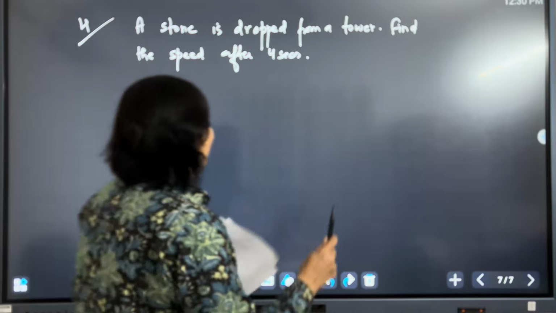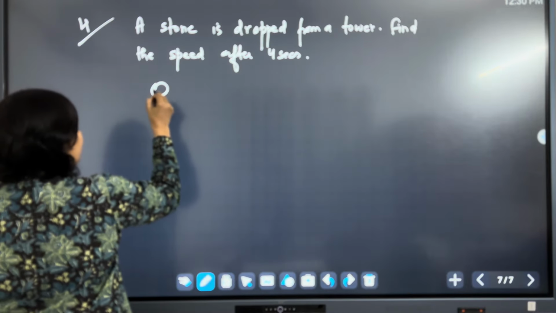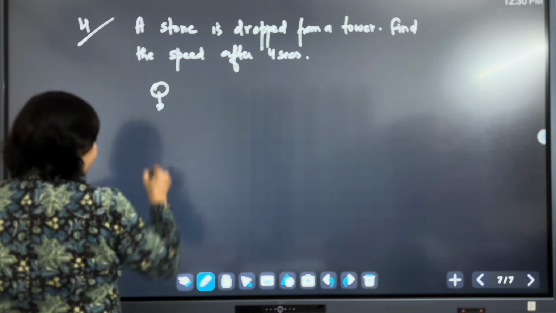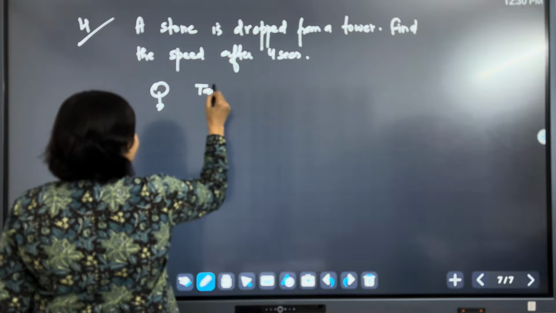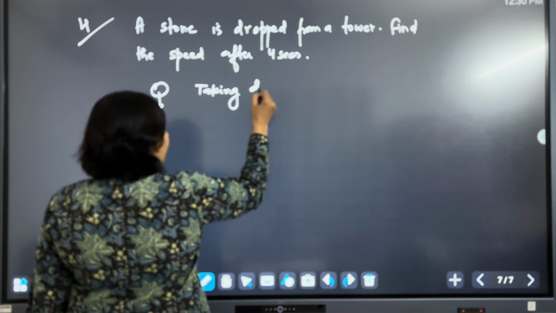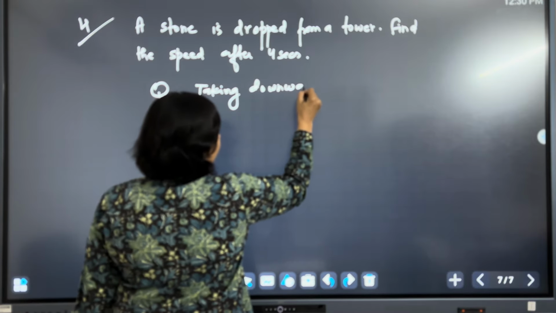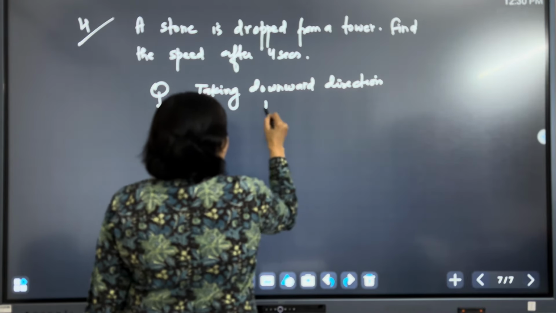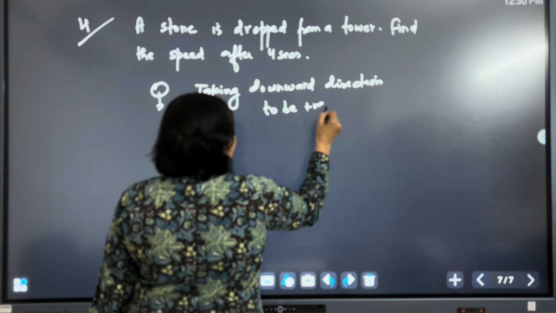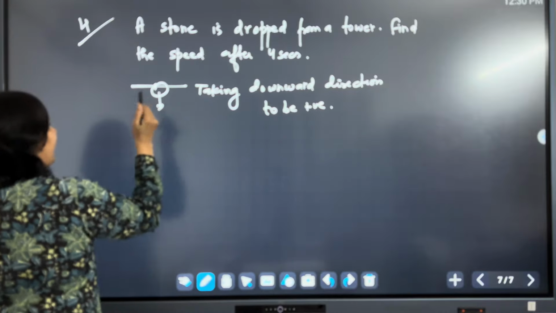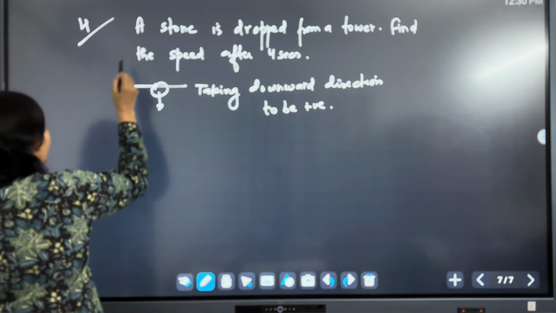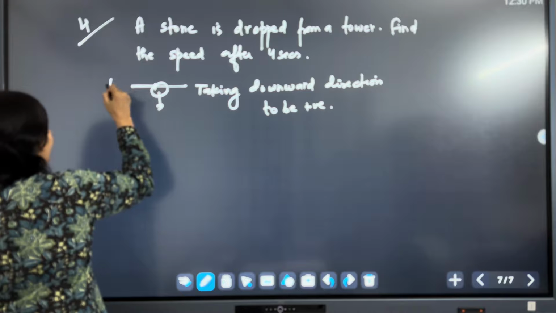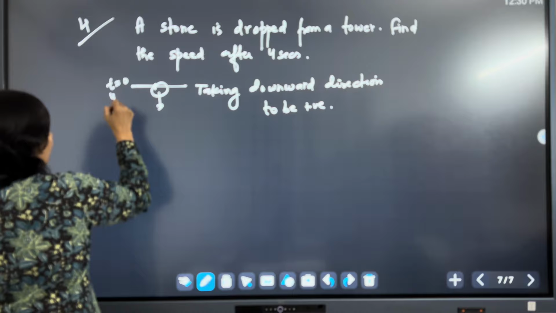Okay? So here, for example, a stone is dropped from the tower, so I am taking downward direction to be positive. Okay? And also at this height, I am taking the displacement at time t is equal to 0, y is 0.